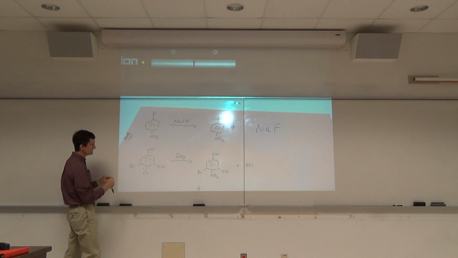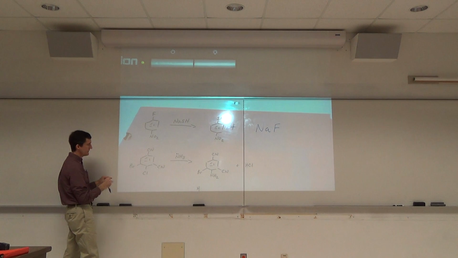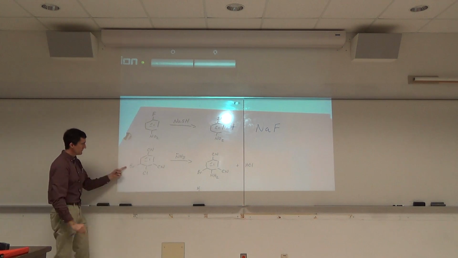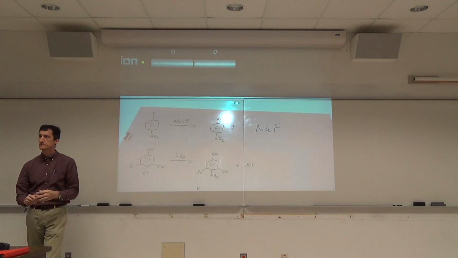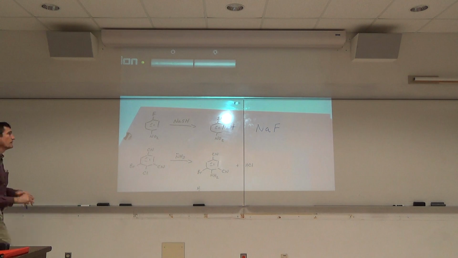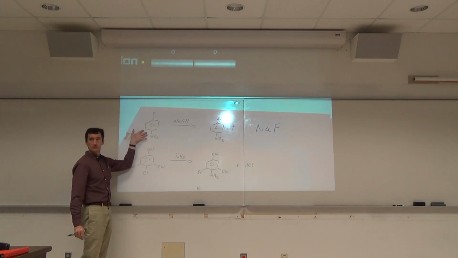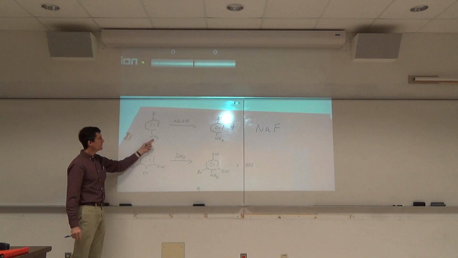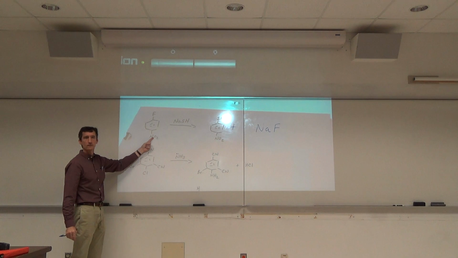Can you do NAS here? Yeah. Because it has a nitro on. Now I've got 3 potential leaving groups, a bromine, a chlorine, and a cyano. Actually up here I had 2 potential leaving groups. Why did the nitro not be the leaving group? It's the electron withdrawing group. If this was a leaving group, does it have a strong electron withdrawing group, ortho or para?